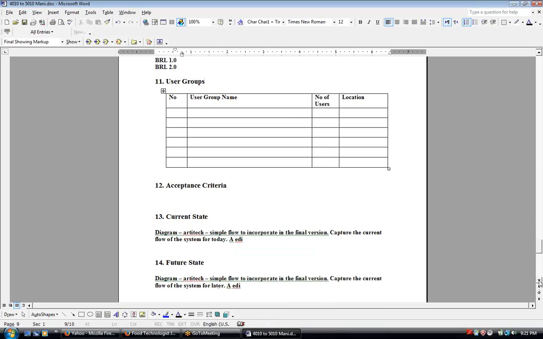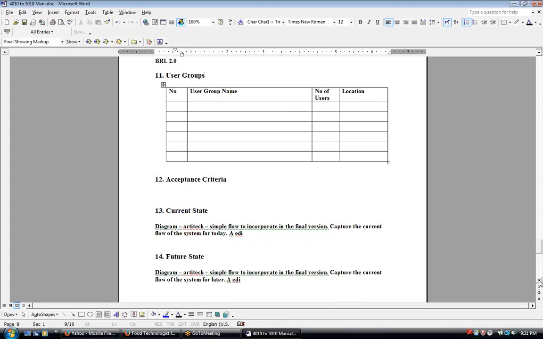User groups have a different meaning. Customer service is one user group, provider area is another user group. It's a group which has a specific, similar kind of work which they do. So you could have provider contracting, provider customer service, member customer service. These are different types of user groups.